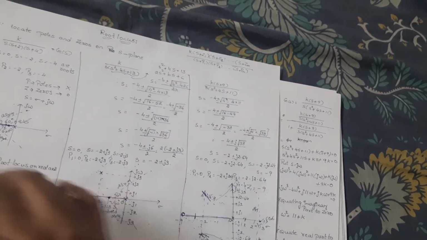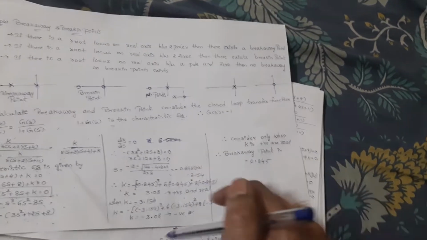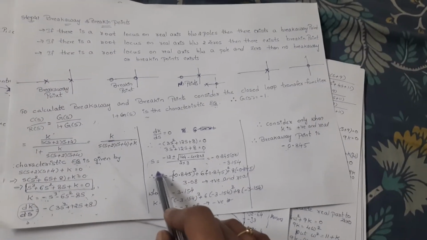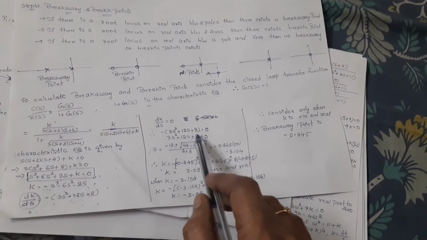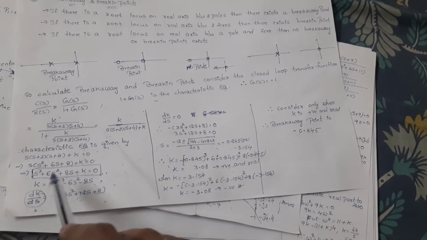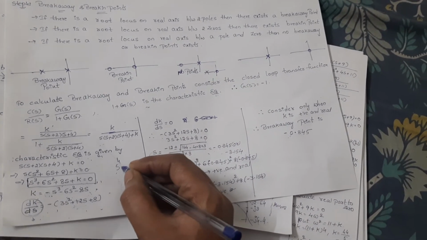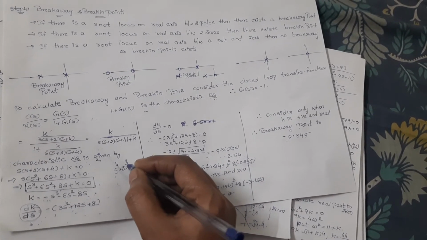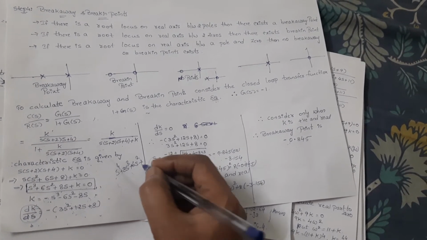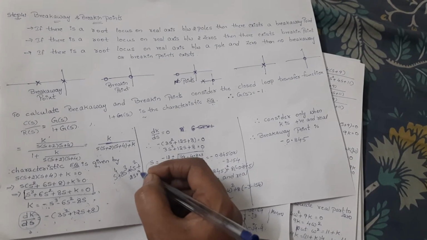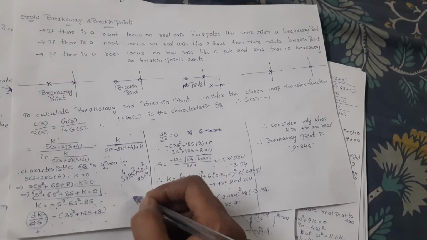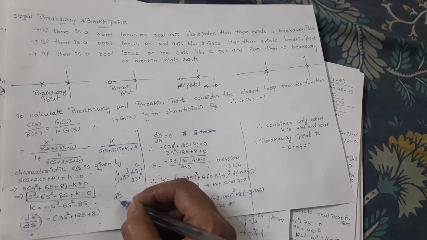And one point I want to mention: in breakaway and break-in points, if the equation is in s square terms you can easily calculate, but if our characteristic equation has a higher power, like s power 4, 8s cube, 6s square plus 2s plus 9, then if you differentiate you get dk by ds.